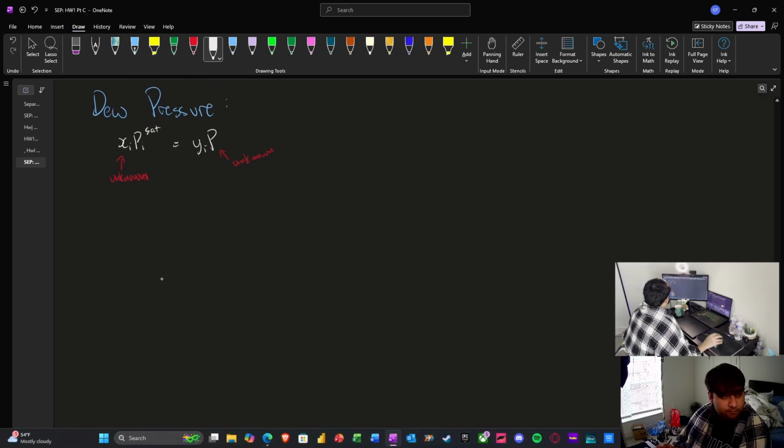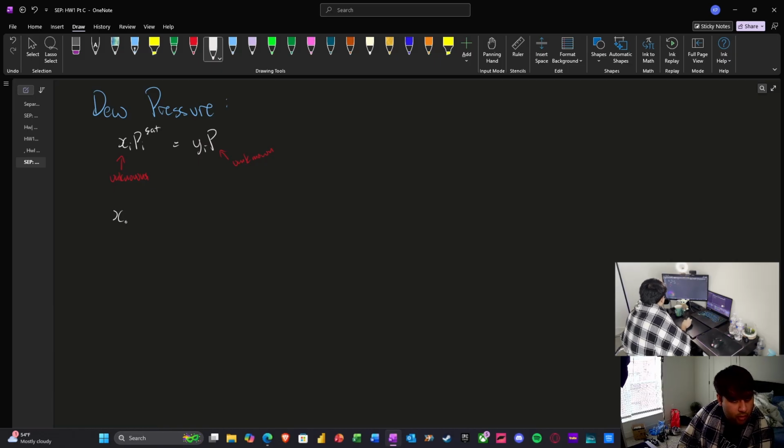So essentially, since we're already trying to find P, let's go ahead and try to find for the xi value. So we have yi over Pi sat times pressure, and go ahead and take the sum of both.